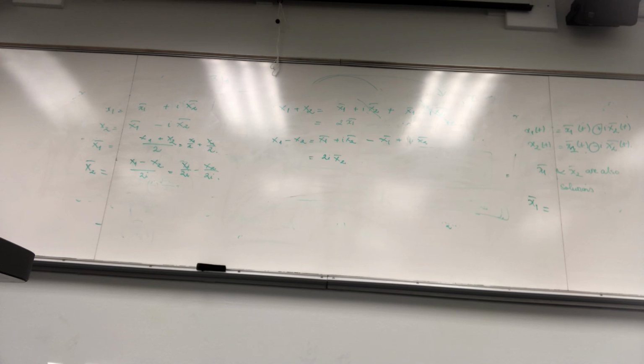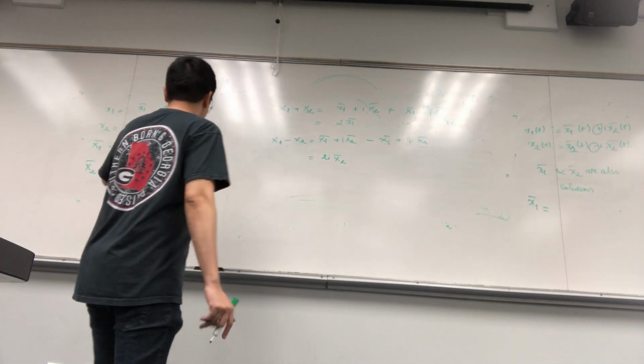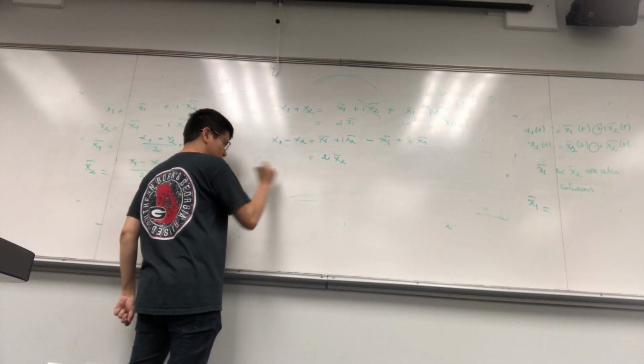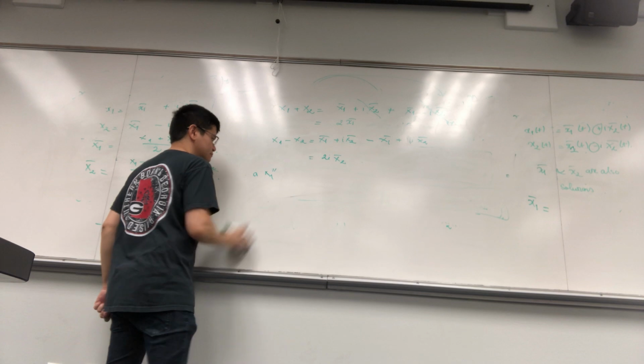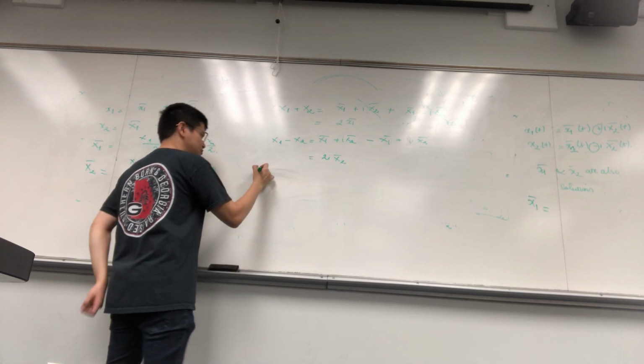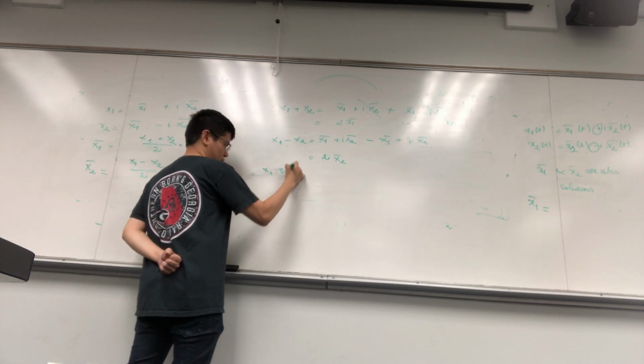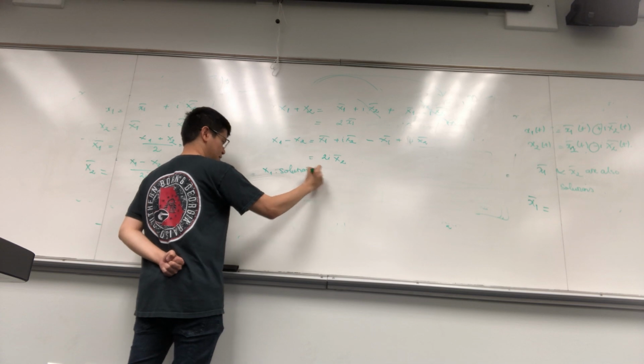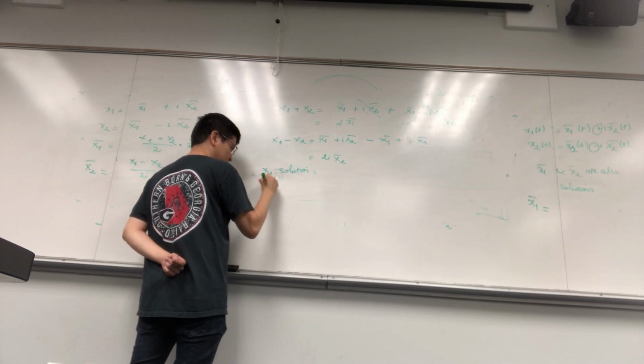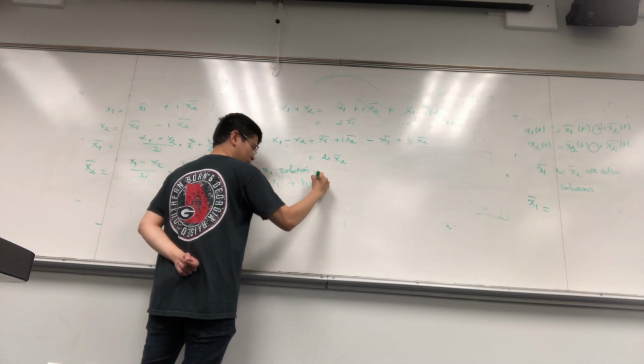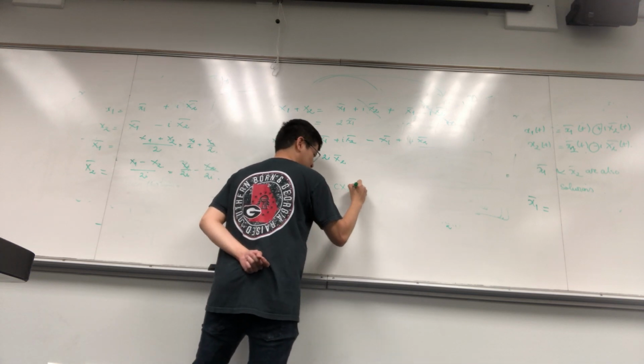Anyone remember why? You take a linear combination of two solutions of this equation, then this is true. So let us do it again. You have x1 is a solution, which means that a x1 second plus b x1 prime plus c x1 is 0.